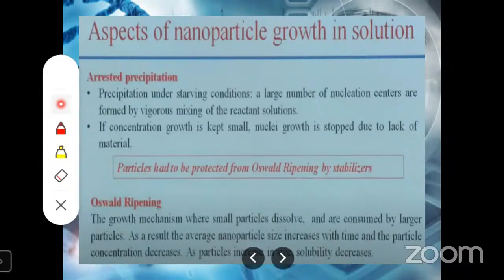As a result, the average nanoparticle size increases with time, so the particle concentration decreases. If the particle size increases, it decreases the stability. So it is called Ostwald ripening.